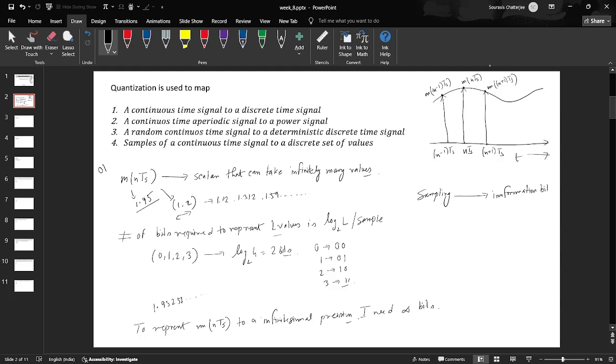These are information bits, right? So the goal of sampling is to obtain the information bits. What does quantization do?